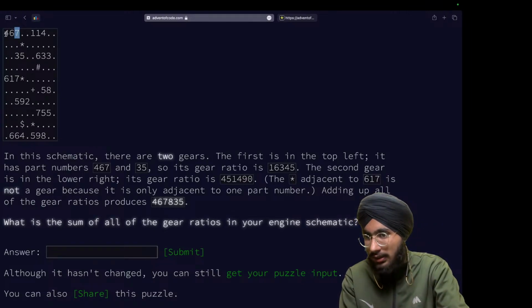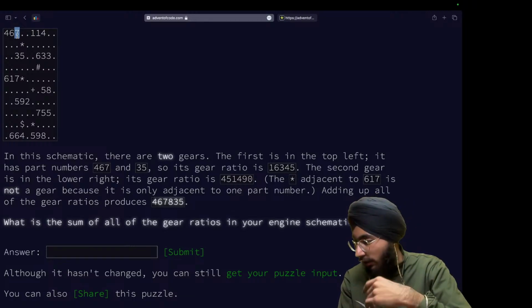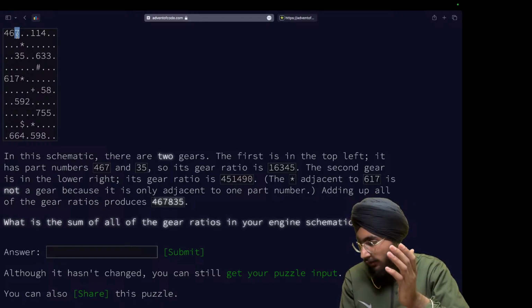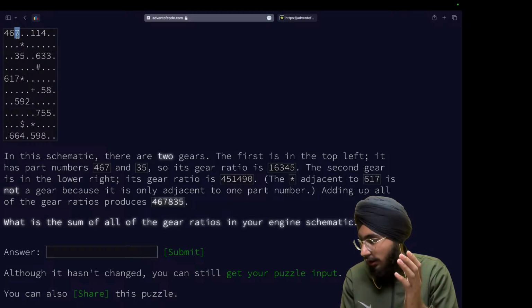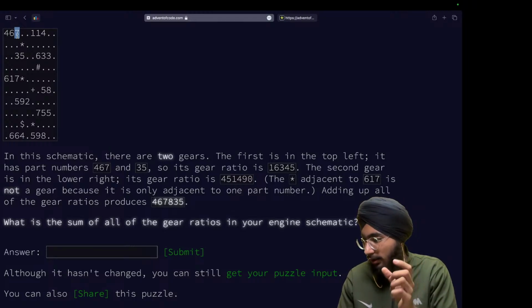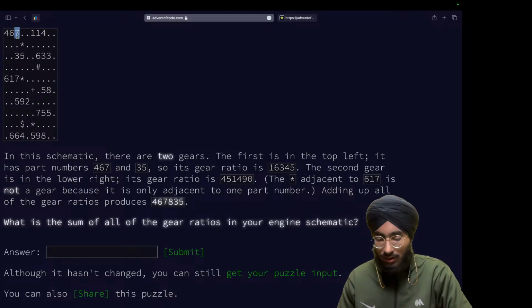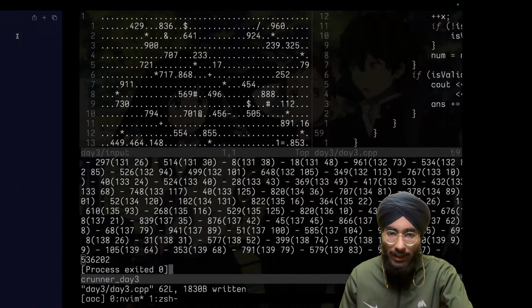Since this is 0 1 2 2, we'll iterate through the 0th line till the second position, and store the number which is at the end. So we will just update the number right after we find one. Seems good. So let me implement this.